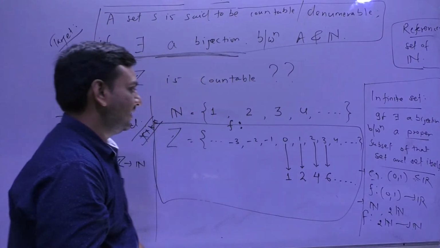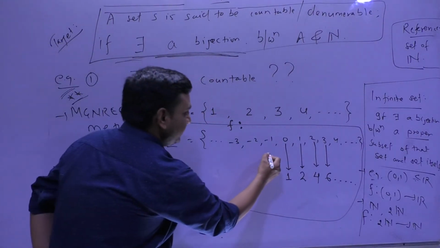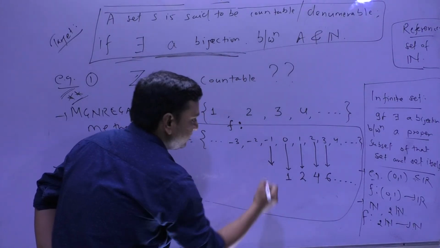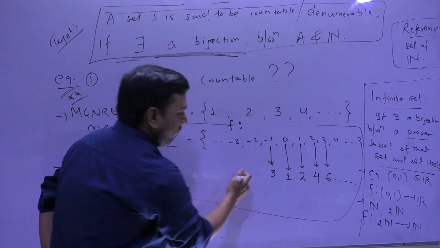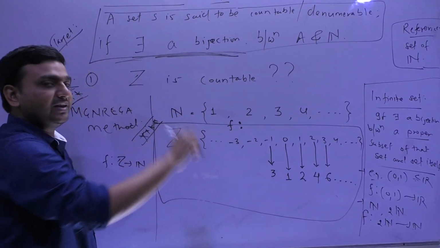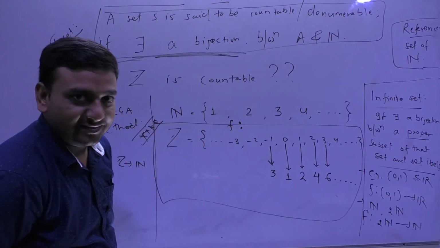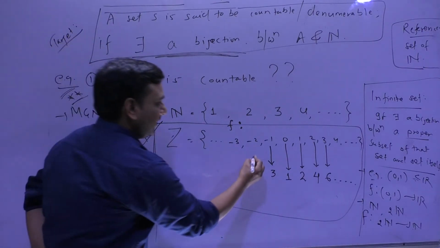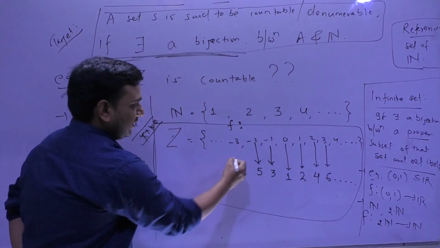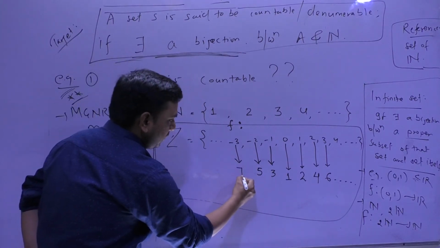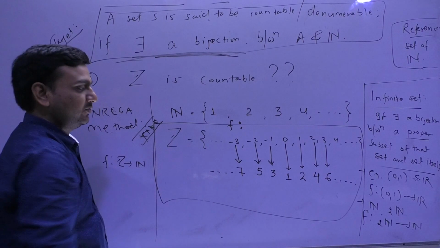Yes. Now next I map -1 to 3 of the set of natural numbers. Is that clear? Fine. -2 I mapped to 5. -3 I mapped to 7 and so on.